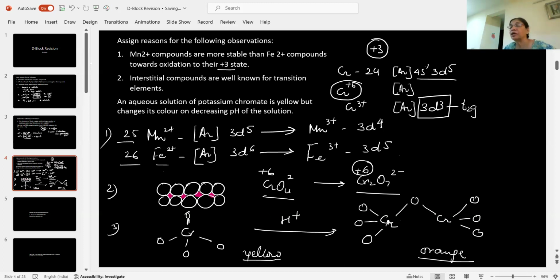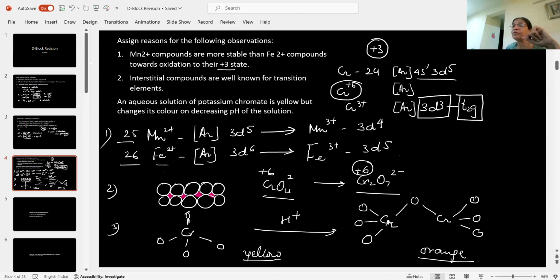So half filled t2g is also stable. So chromium in the +6 oxidation state can easily change into chromium in the +3 oxidation state, which is also stable. So when it goes from a higher oxidation state to a lower one, it can be reduced easily. If it can be reduced easily, it is a good oxidizing agent.